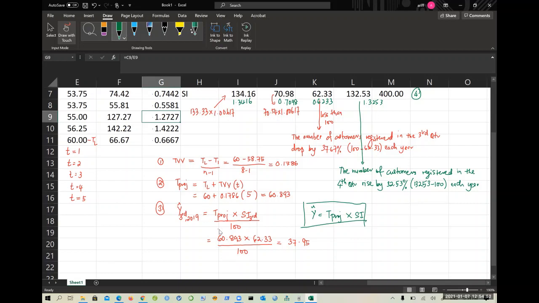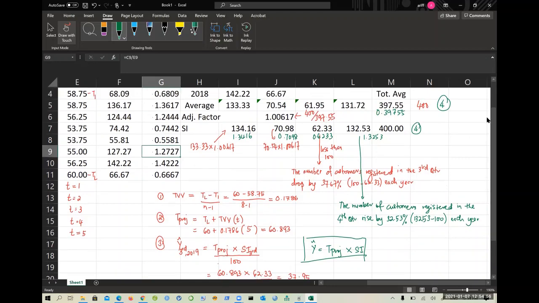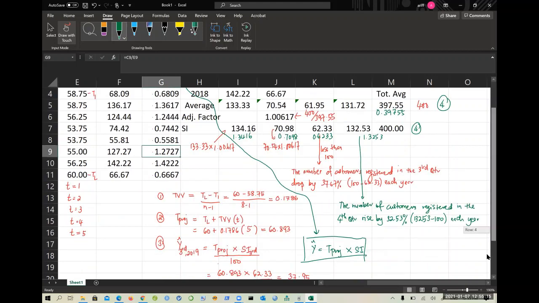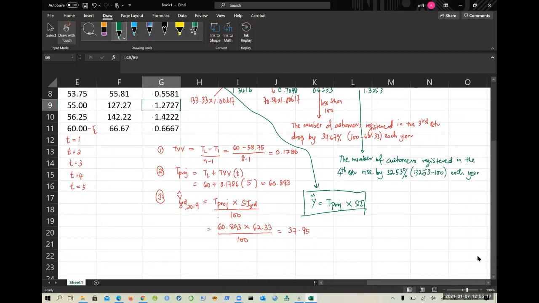So yang ni bahagi dengan 100 sebab kita gunakan y over t. So kalau tak ada bahagi dengan 100, you kena gunakan yang ni lah. So if this is the situation, so you use this one. Okay. So any questions so far?